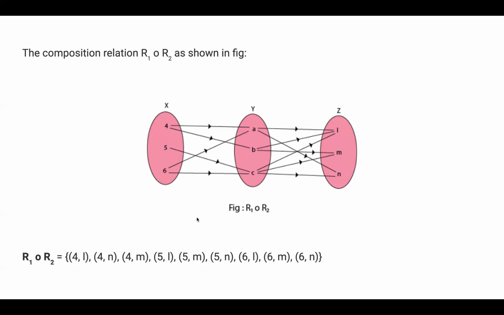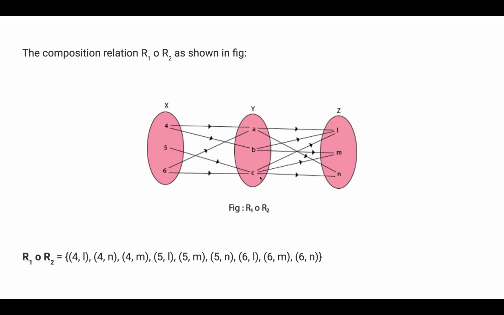Then what about this 6 to L? 6 to A to L. It will give us 6L. 6 to A to N, it will give us 6N. Then 6 to C and C to L. 6L we already have. 6 to C, C to M, so 6M will be here in this composition relation.